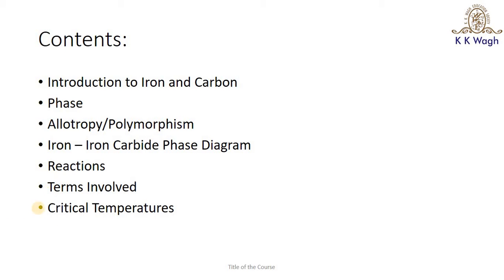Then we will be talking in detail about the iron carbide phase diagram. Then what are the various reactions involved? What are the terms involved? What are the various phases? And what are the various critical temperatures? Right? So this is all about the contents of this course.